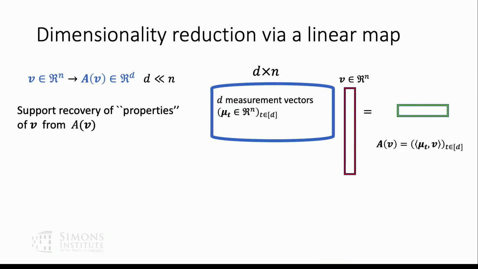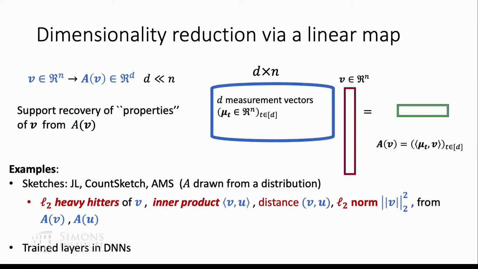So now we're looking at not just count sketch and heavy hitters, but any form of dimensionality reduction via a linear map.